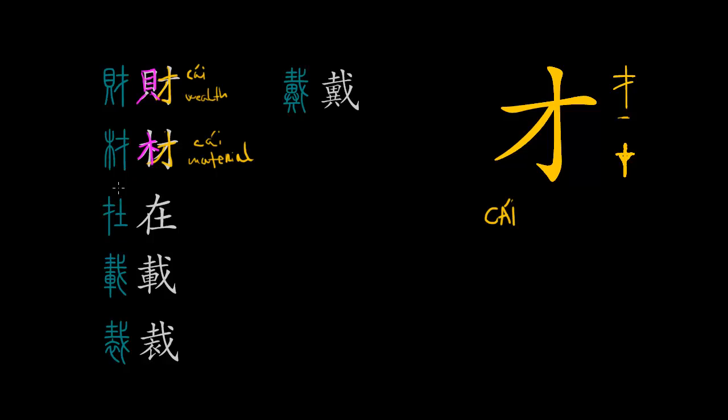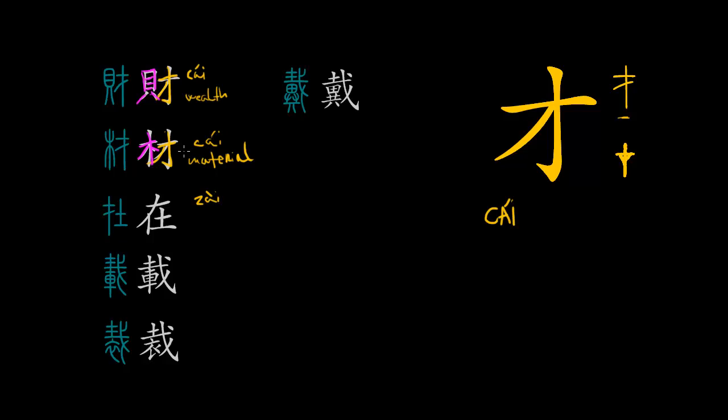And now we go into a pretty interesting situation here, because this is a very, very frequent character, and I'm sure a lot of you recognize it. It's pronounced zai. And I guess you can see the pattern here, right? The pronunciation is very similar. In this case, the tone is different.